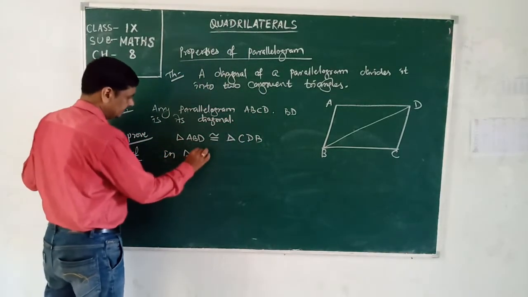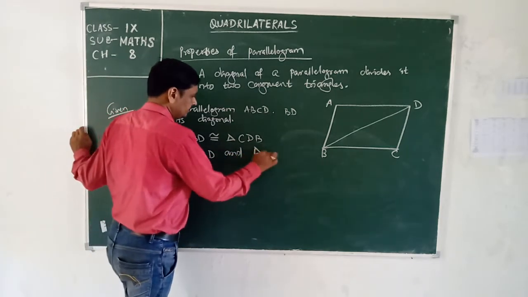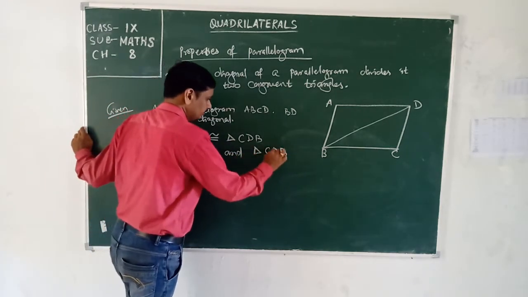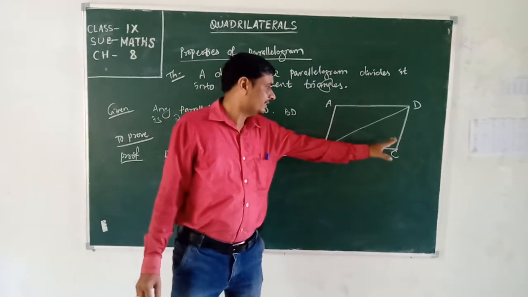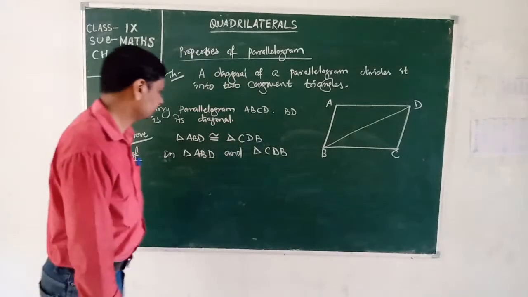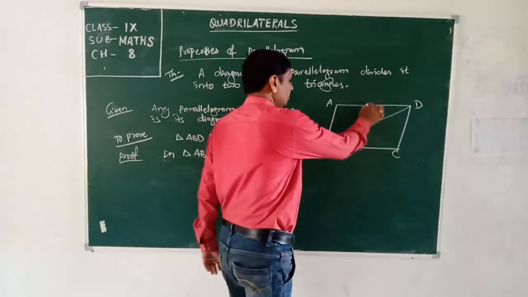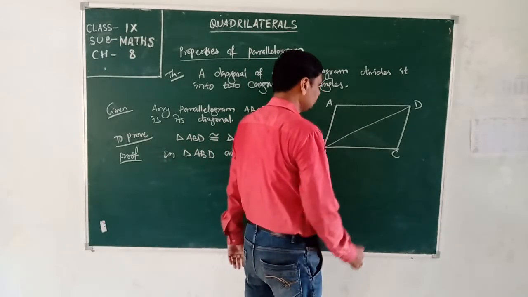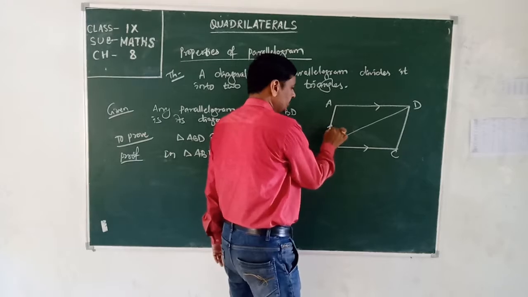In triangle ABD and triangle CDB, since it is a parallelogram, two sides are parallel and the other two sides are also parallel.